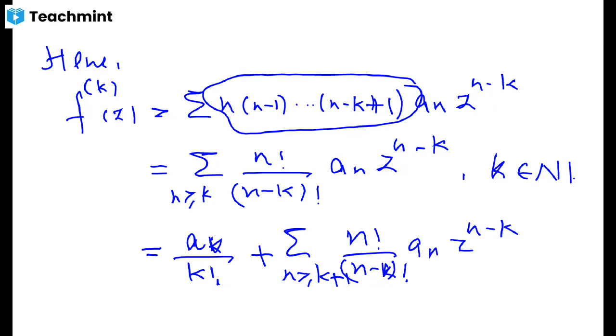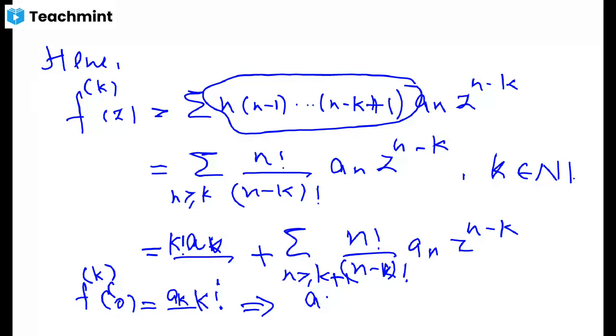Now substitute z equal to 0. You get the kth derivative of f at 0 to be a k multiplied by k factorial, and from here the coefficient a k is the kth derivative of f at 0 upon k factorial.